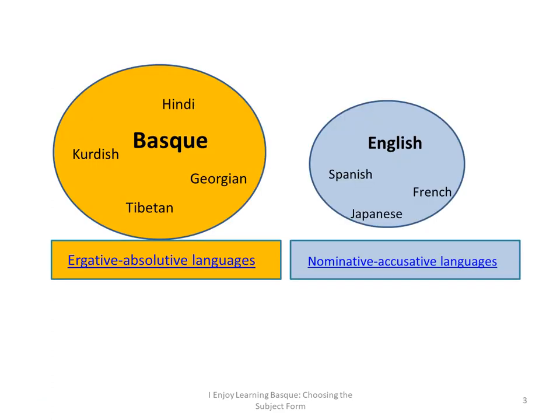Basque, as some other languages such as Kurdish, Hindi, Georgian, Tibetan and some more, is an ergative-absolutive language. And English, as Spanish, French and Japanese, is a nominative-accusative language.